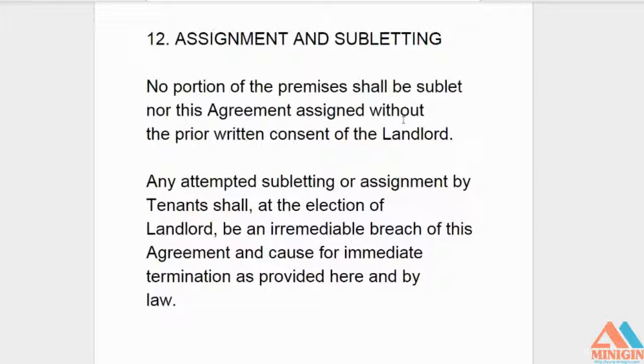So maybe you are paying $700 a month, and you know that it's a very difficult area for people to find a place in, and you want to make some money. So you say, well, I'll move out for a few months to make some money, and I will sublet it to someone else for $800, and I will make $100 a month. This is illegal. You are not allowed to do this because it is written in the contract that you are not allowed to sublet.